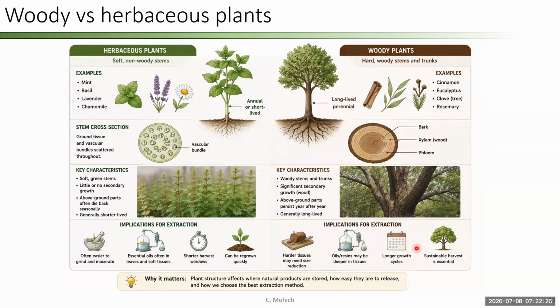And generally, of course, these have longer growing cycles, but if you're careful, you can have sustainable harvesting because these plants aren't going to die year after year. So as long as this is done carefully and you don't harm the tree or the shrub, you can keep coming back.